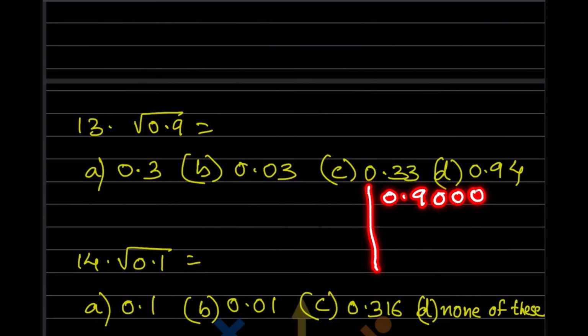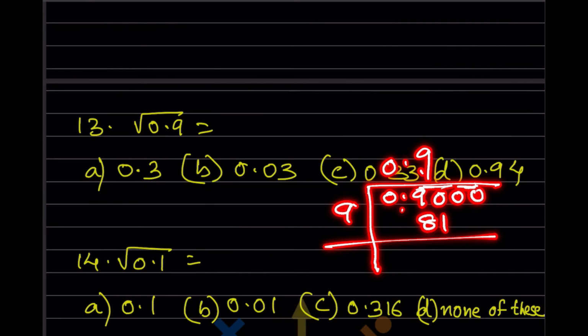So you cannot do it directly because now we have to do it with the long division. So now what will you write here? 0 is here, so you will write here 0 point. So now we are going to consider this 9. So 9 nines are 81. So this is going to be 9. So 9 plus 9 is going to be 18 over here. So now you will put here 2 zeros because that is smaller one.